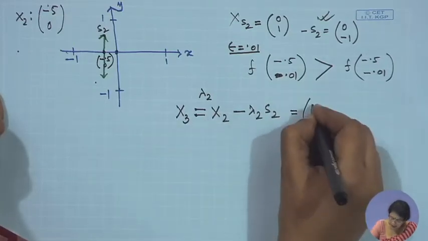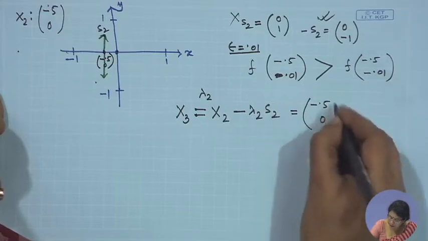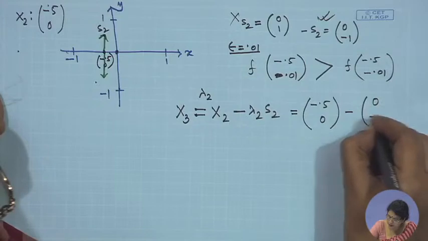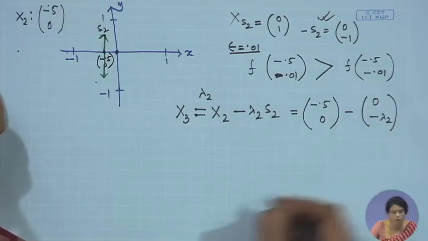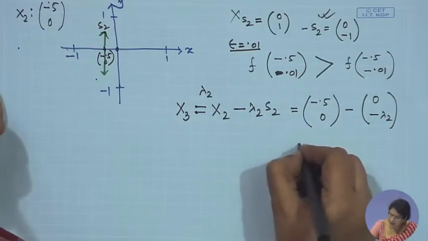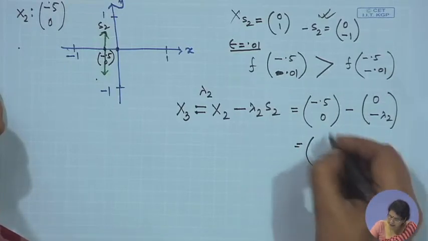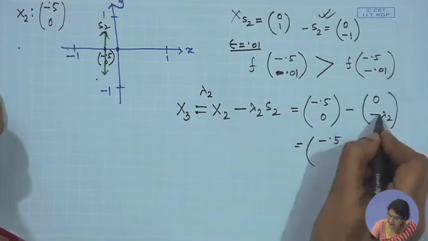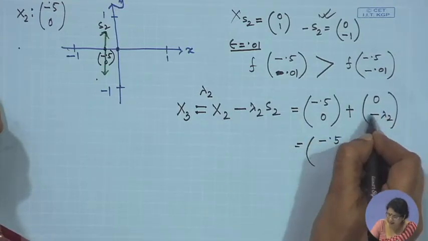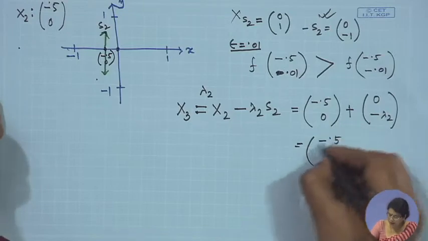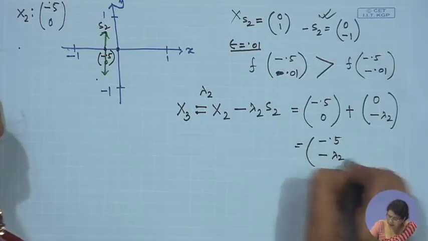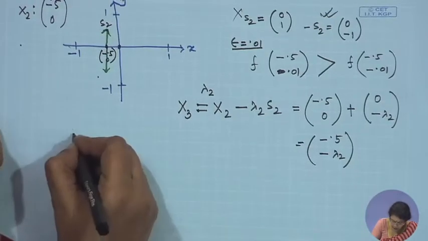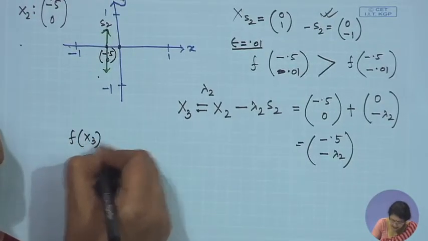If I consider this is minus 0.50, and the direction is 0, minus 1, that is why 0 minus lambda 2. I cannot take both as minus, so if I consider minus here, I should take plus here, minus lambda 2.